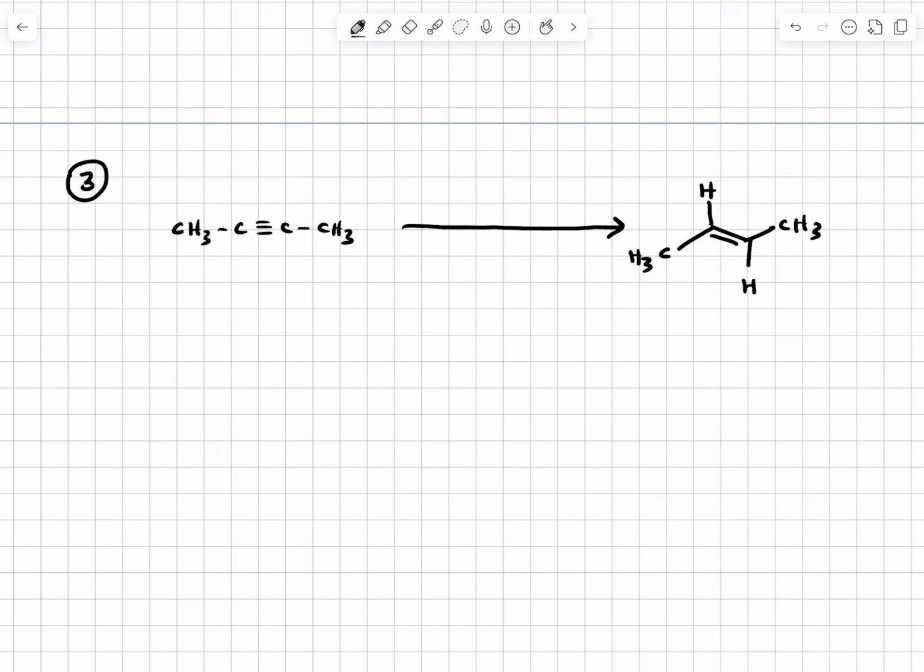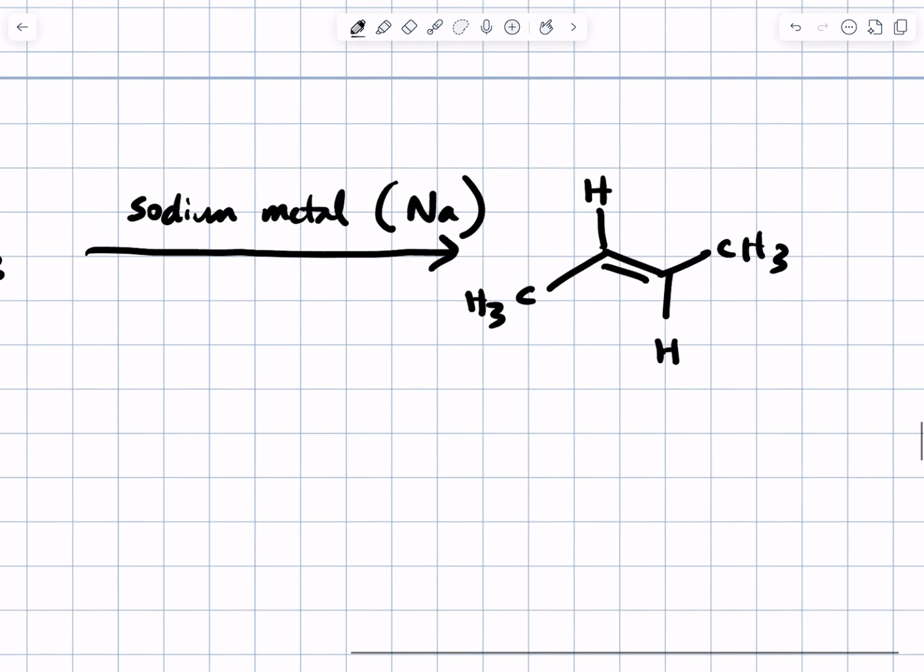talk through it. So this reaction involves sodium metal, which people will just write as Na, or if they're really trying to help you out, they will write Na with a superscripted 0.